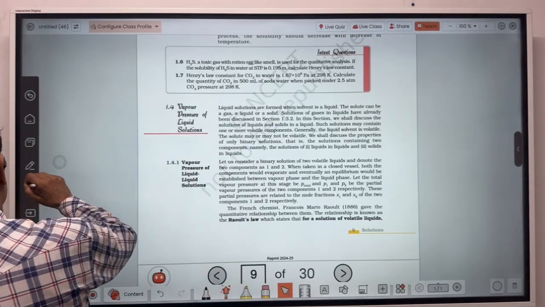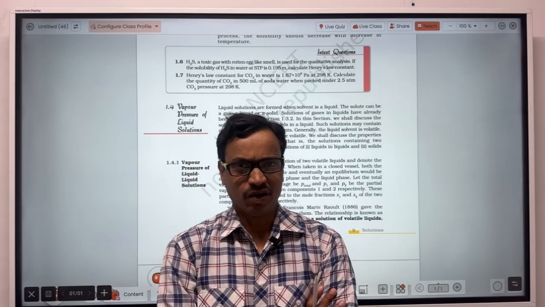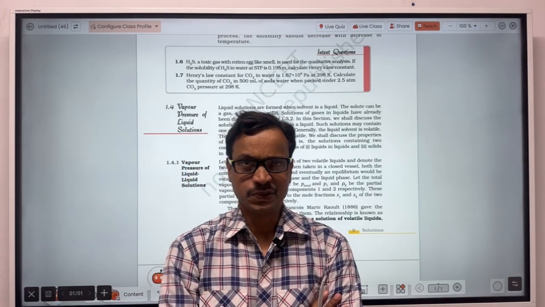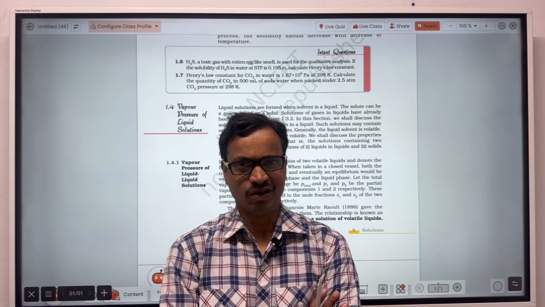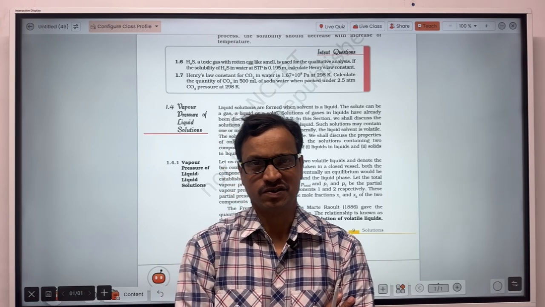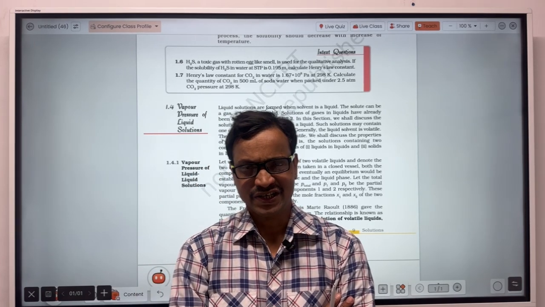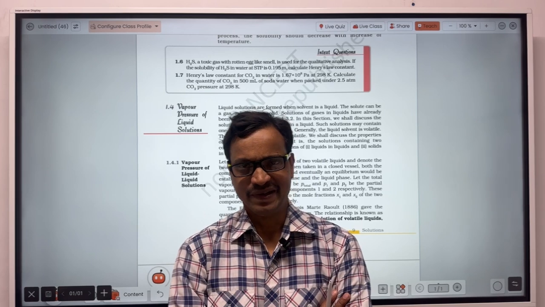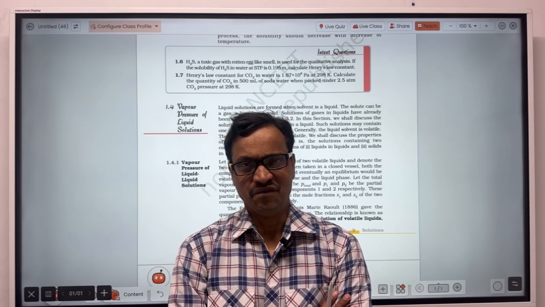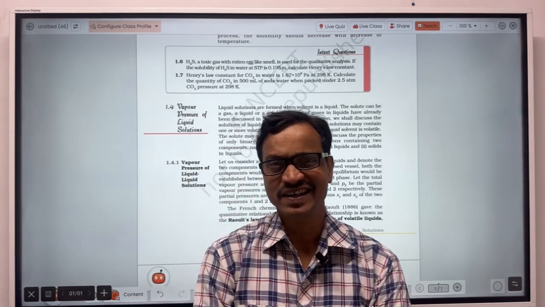In the same way, Raoult's law states that the solubility of a liquid in a liquid will be directly proportional to the vapor pressure of that liquid, same as Henry's law has stated.